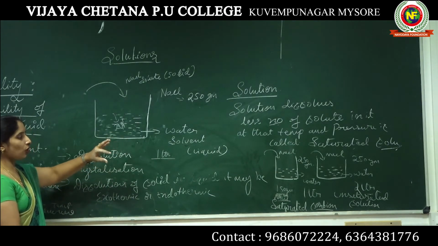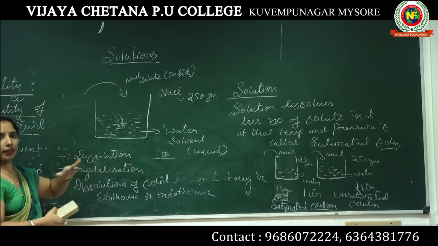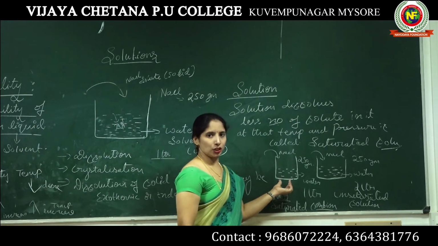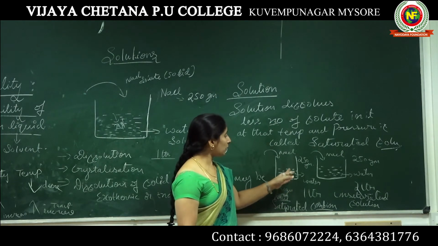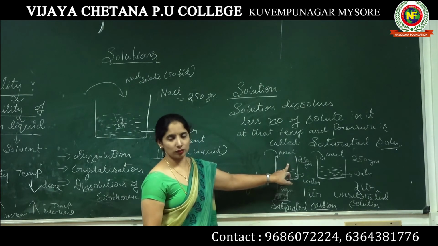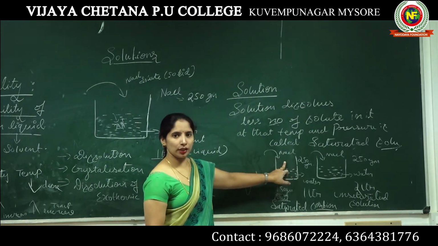The dissolved and undissolved solute collide with each other, and the solute comes out and separates in the form of crystals. That process we call crystallization. Got it? On that basis we can easily find out that yes, it is a saturated solution.